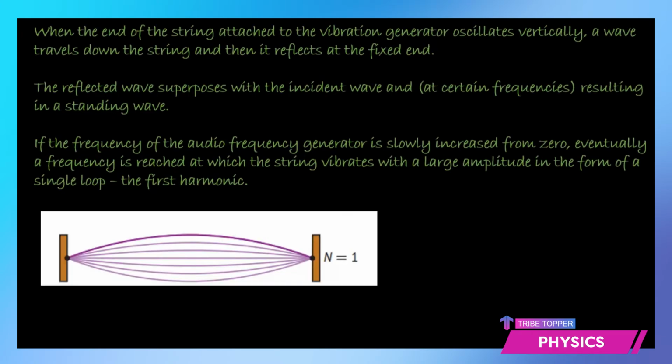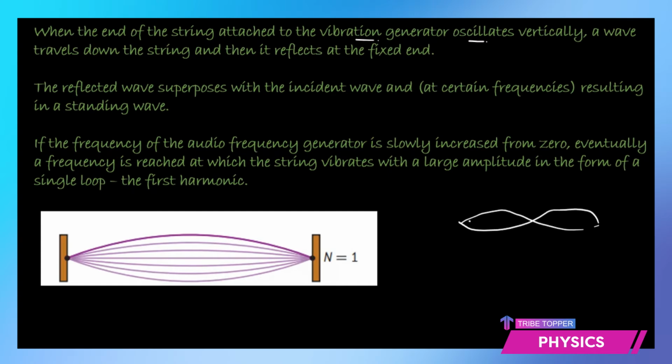When the end of the string is attached to the vibration generator, it oscillates vertically up and down. The reflected wave is going to superimpose on the incident wave. The wave is traveling from one side to the other and is going to interfere with its own reflected wave.